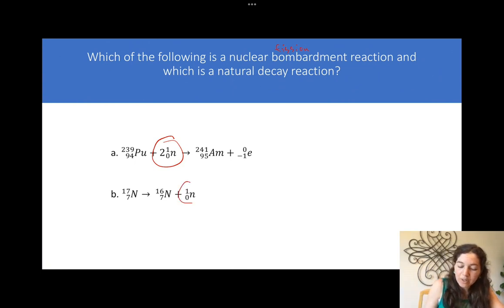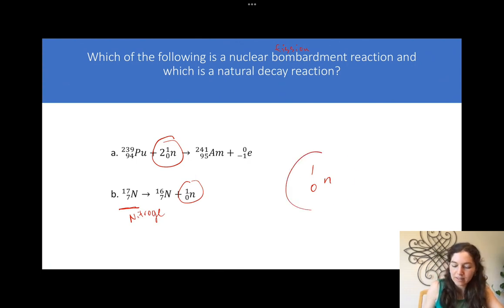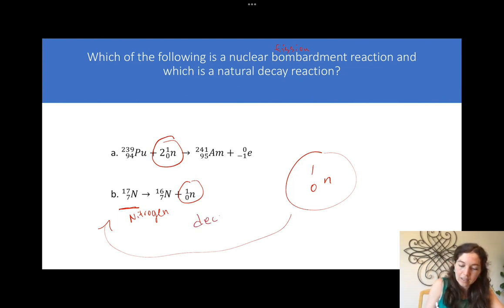Whereas for this one, we have neutrons coming out. There's no neutrons coming in here. This is nitrogen. Remember that the symbol for a neutron is this. So there's none of this on this side of the reaction. So this is the decay, and this is the fission, or the bombardment.